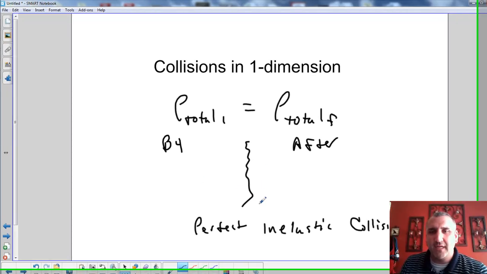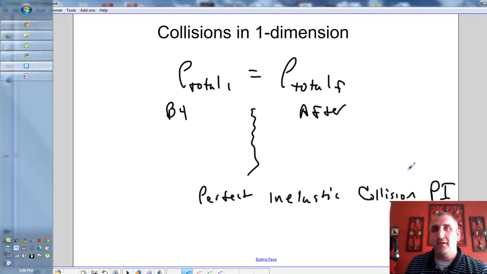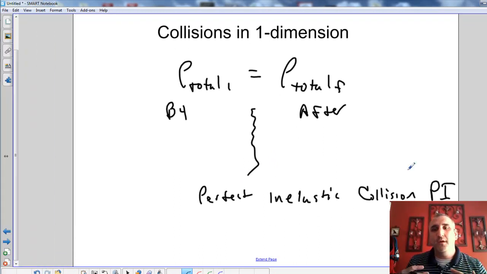The methodology is the same for all three, and I'm not even sure I'm going to bother with all three, because you only need to know how to do two of them, because perfect inelastic is different than perfect elastic and normal inelastic. So I think I'm just going to do two, and then you can probably figure out how to do normal inelastic and perfect elastic together.